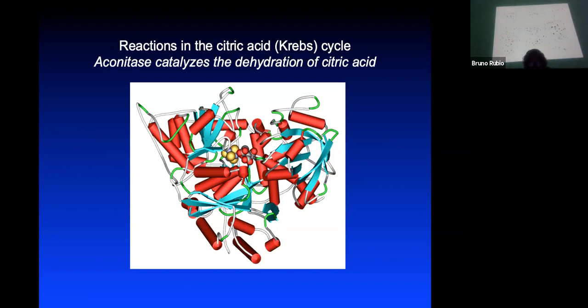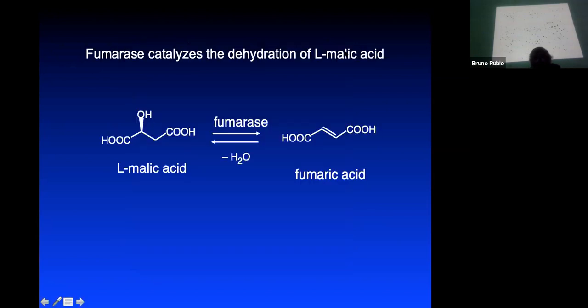And the alpha helix, the red tubes, I guess here are the helical regions, and the blue arrows, those are regions of the pleated sheet. And this reaction, here's another one, another dehydration in the citric acid cycle, where L-malic acid is dehydrated to fumaric acid. Again, you get a new double bond between alpha and beta.